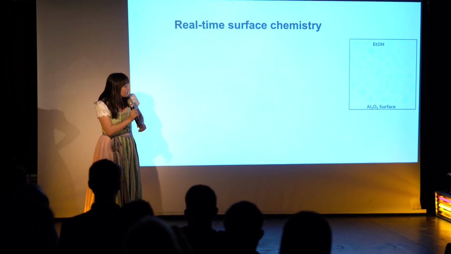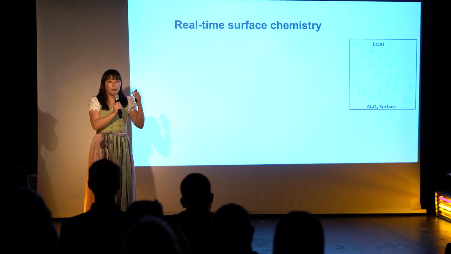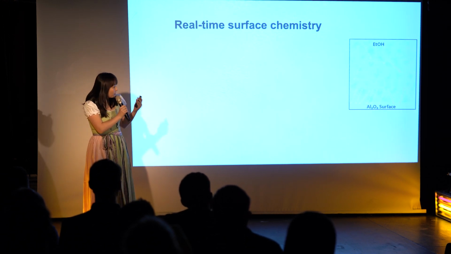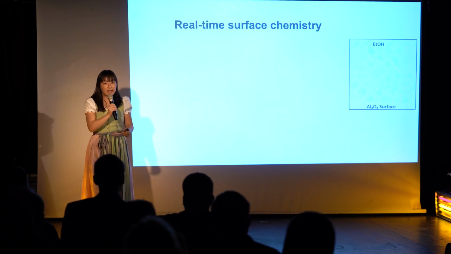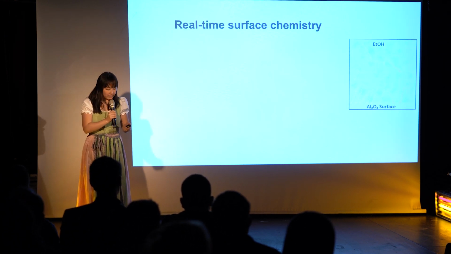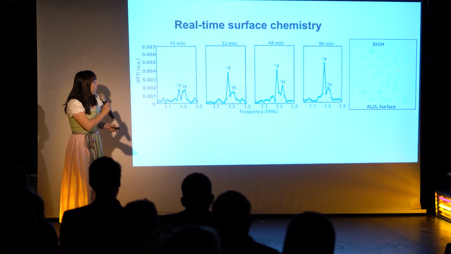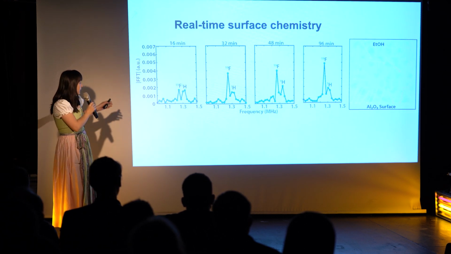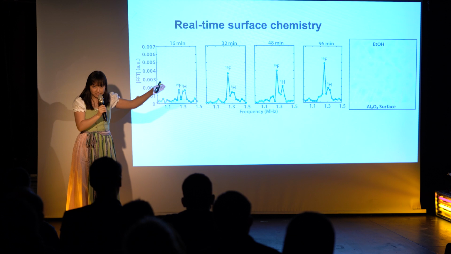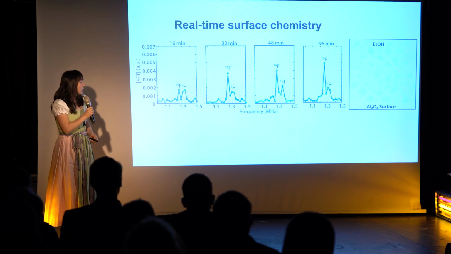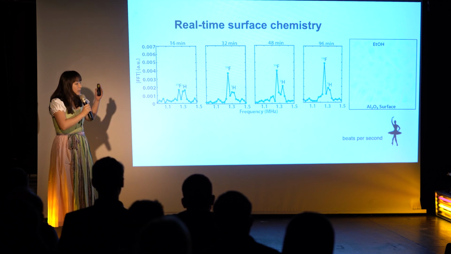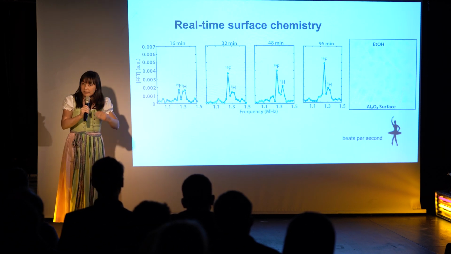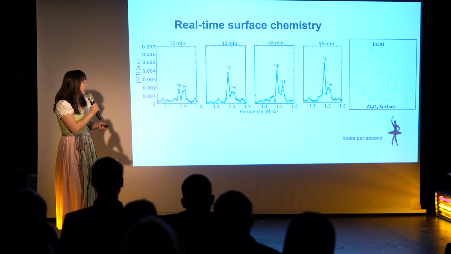When we dissolve this molecule into ethanol, then add it to our aluminum oxide surface, we are able to see a growth in our fluorine signal. So remember, frequency is just the dance of our fluorine spins in beats per second.